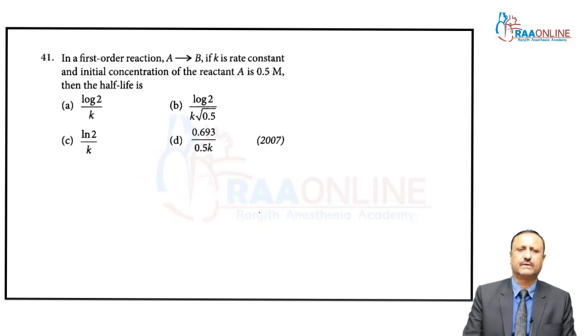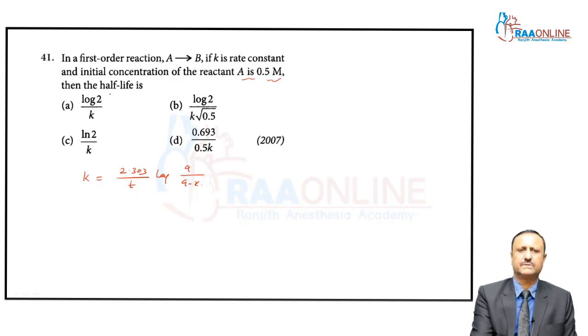Here, my dear students, we can see the question number 41. In a first order reaction A to B, if K is a rate constant and initial concentration of the reactant A is 0.5 molar, then the half life is, my dear students, here we can put the formula K is equal to 2.303 upon T log A upon A minus X. Here you can see 2.303 is not present, here ln is also present.